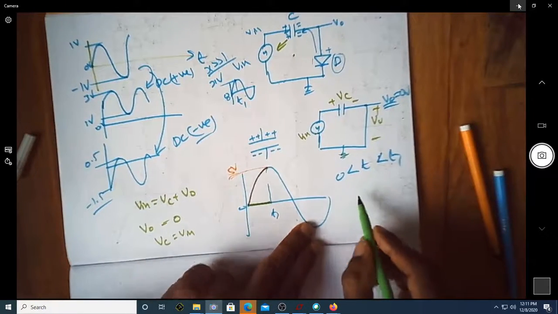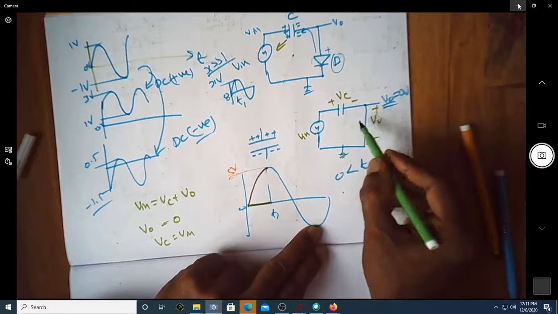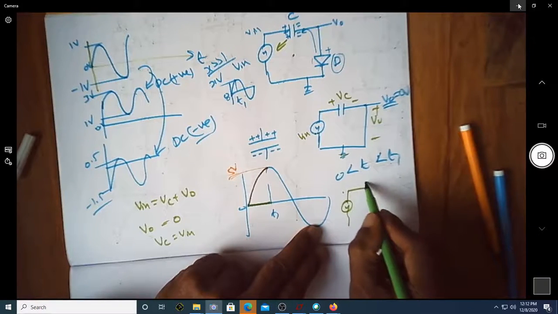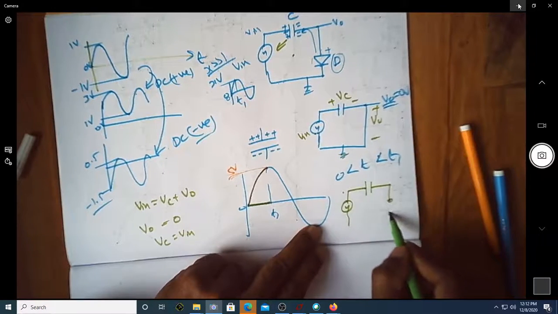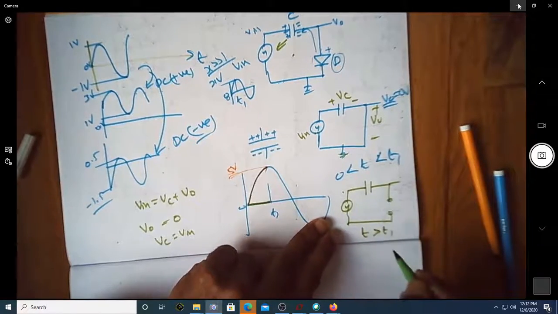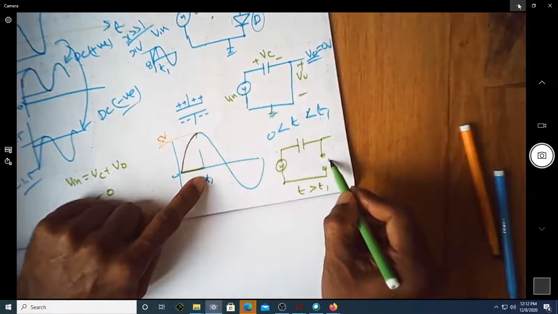So now you can see the diode will turn off. Once the diode turns off, the equivalent circuit will look something like this. This is at t greater than t1. For any time greater than t1, this is open circuited.